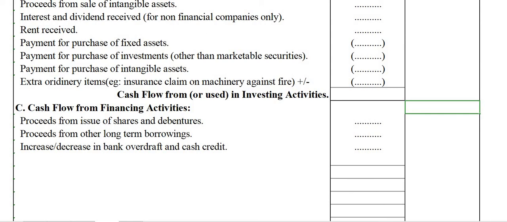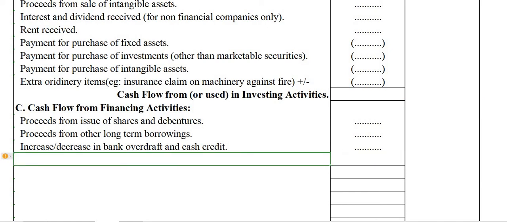We will be mentioning it as a financial cost. So if interest on bank overdraft increases, it will be called interest payment, a financial activity expense, so that will be mentioned here.